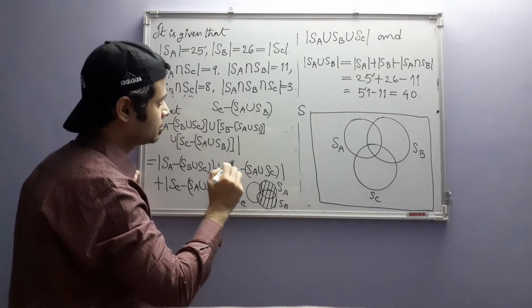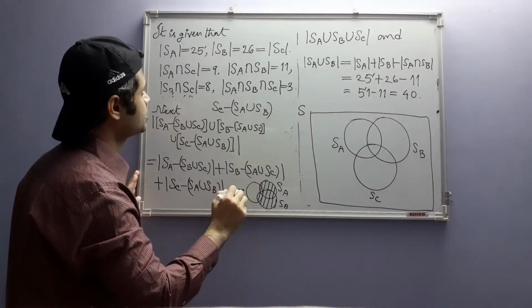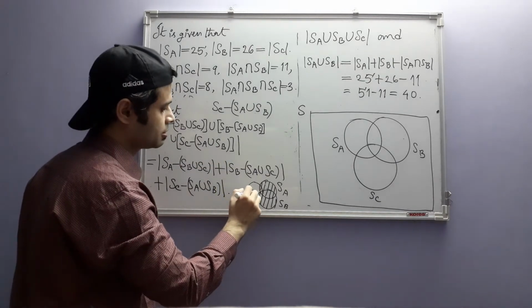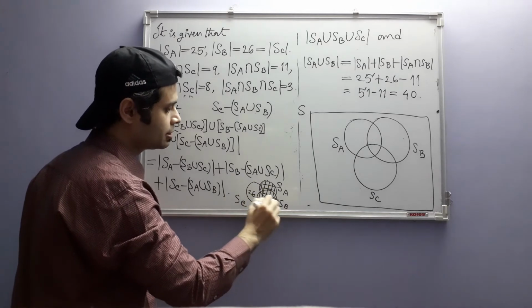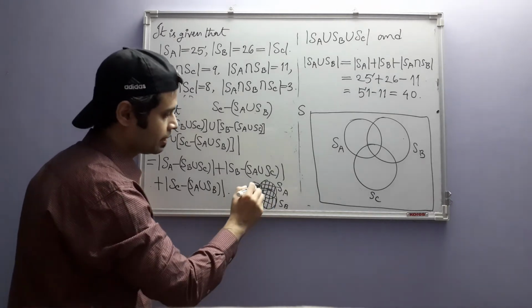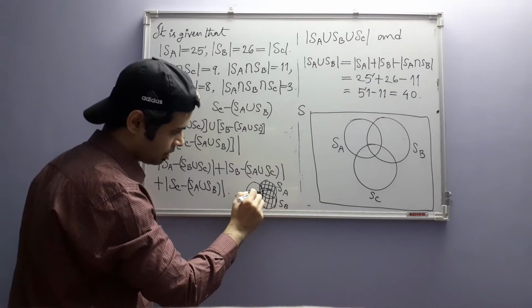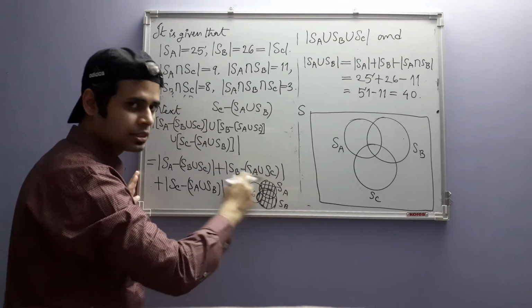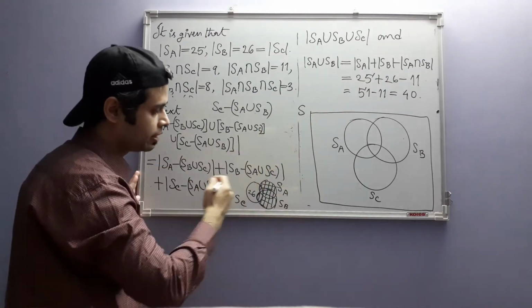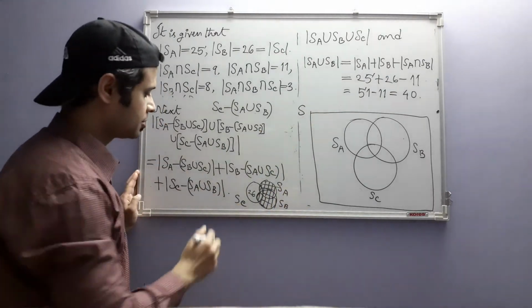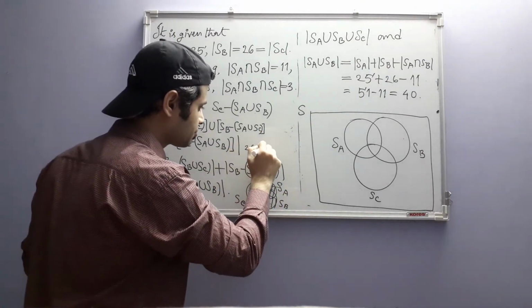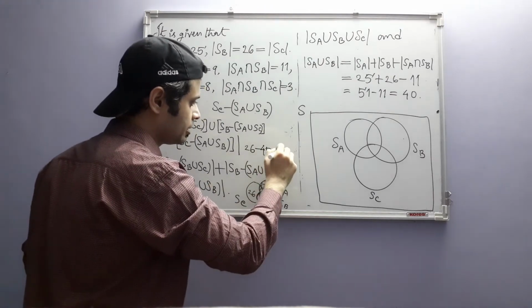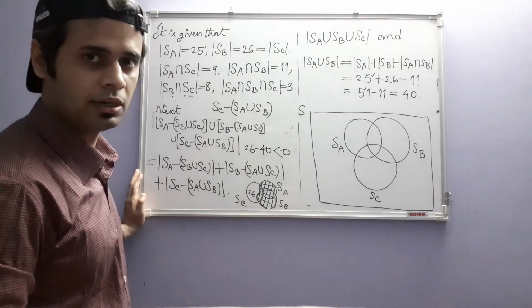But from the cardinality of SC, which is 26, I cannot subtract all these elements, because I have to subtract only this part. Otherwise, if I subtract all the 40 elements, 26 minus 40 gives a negative answer, which is meaningless.